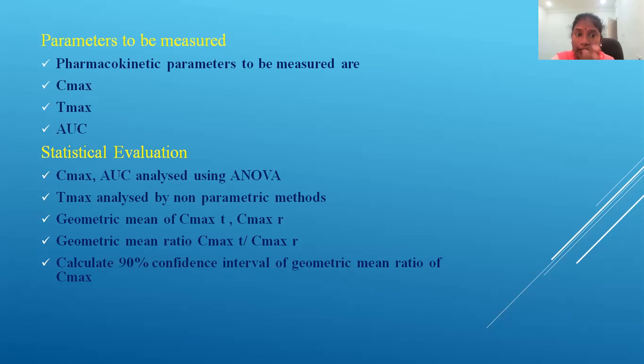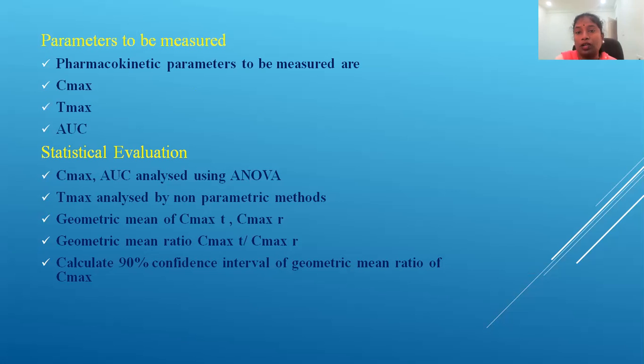So we plot the graph and we will get a curve. The maximum peak of the curve we call Cmax, the peak concentration, the plasma peak concentration. Tmax is the time taken to reach the maximum plasma concentration. AUC is the area under the curve.